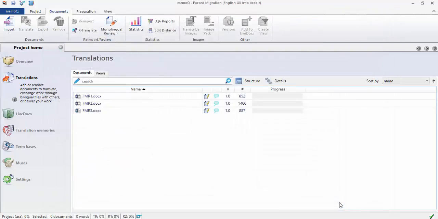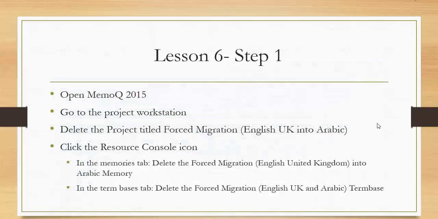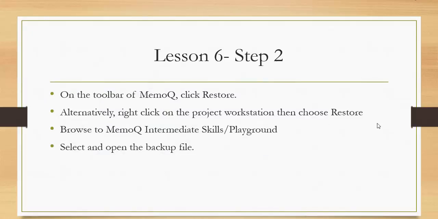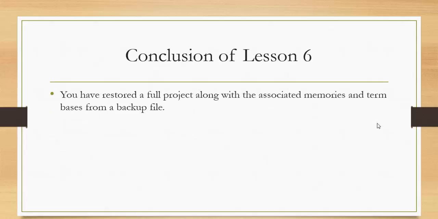We press close, and you can close the program now. We are done with it, or minimize it. So that was step number 2, which is how to restore the file. As I said, it's either to click the icon or to right click and choose restore.